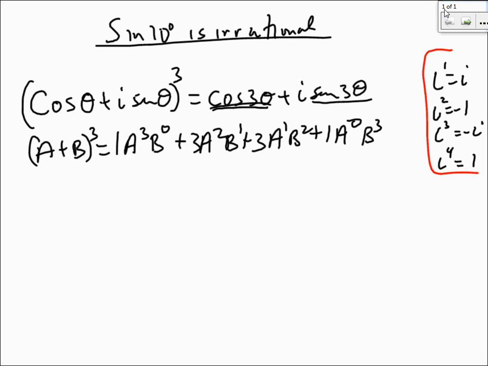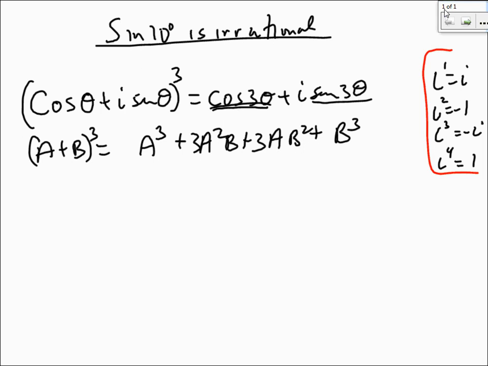And of course, b to the 0 is 1, and a to the 0 is 1, and 1 times b cubed is just b cubed, and 1 times a cubed is just a cubed, and b to the first we can just leave as b, and a to the first we can leave as a. Okay, so there it is.